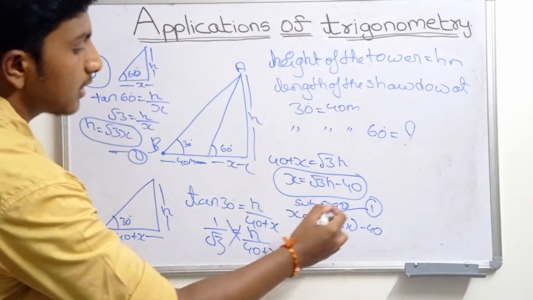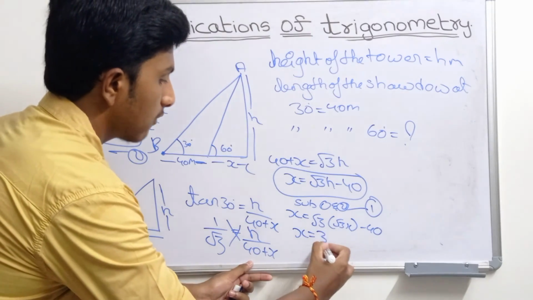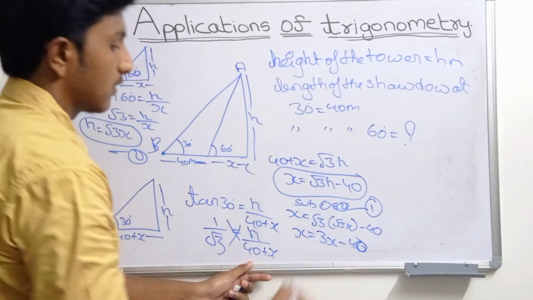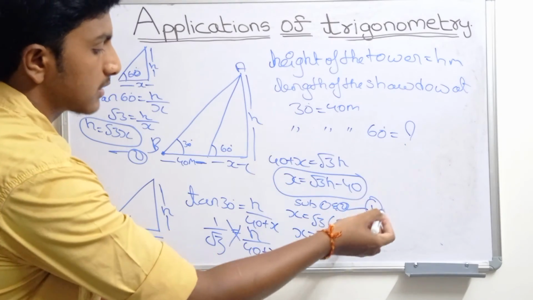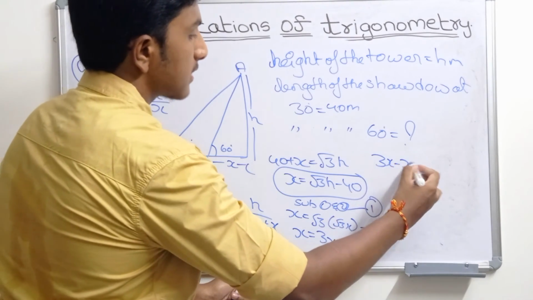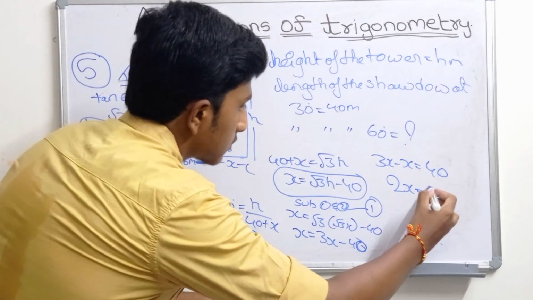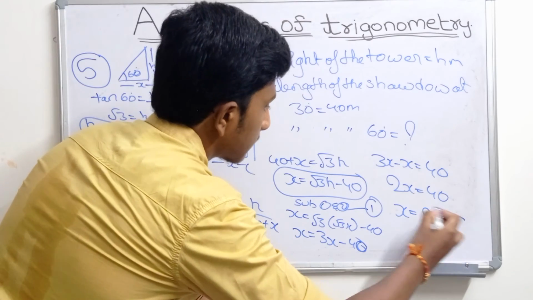That means root 3 into root 3 whole square, that is equal to 3. x is equal to 3x minus 40. If we take this 40 to this side, minus becomes plus, and x on that side, x becomes minus x. That means 3x minus x is equal to 40. 2x is equal to 40. x is equal to 20 meters.